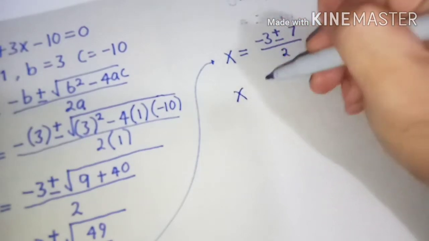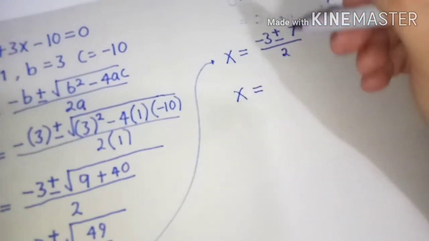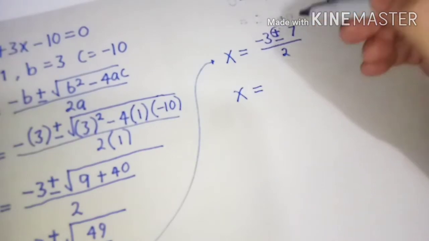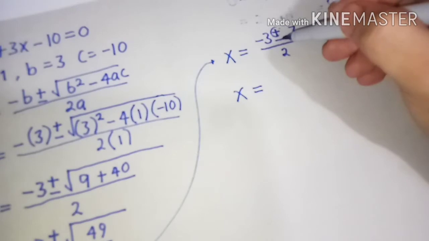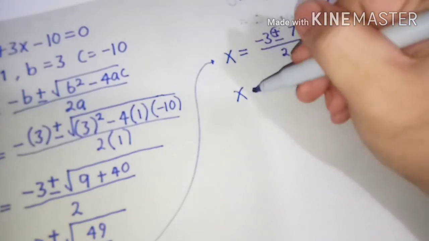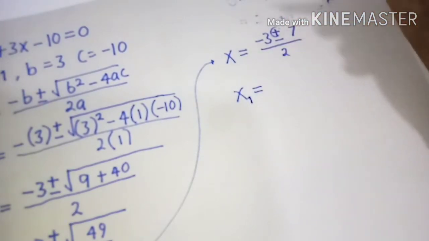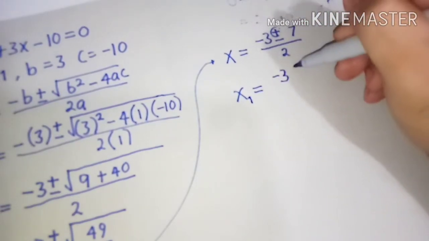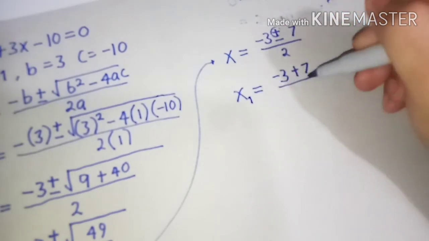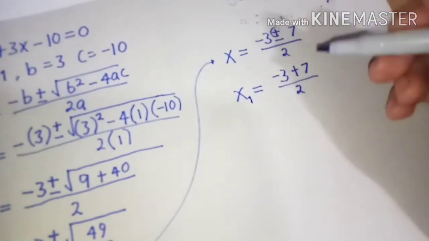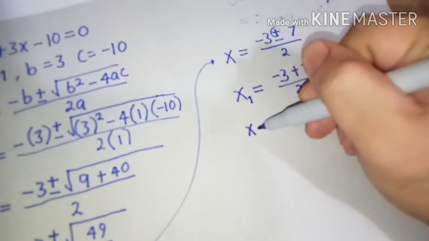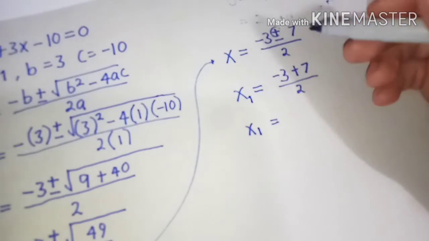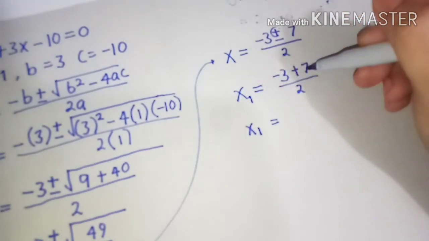Then x equals, first we are going to use this positive sign here because we have two roots, positive and negative. So we are going to write here x sub 1, that means the first solution. Negative 3, then copy plus 7 divided by 2. Then simplify. x sub 1 equals negative 3 plus 7.